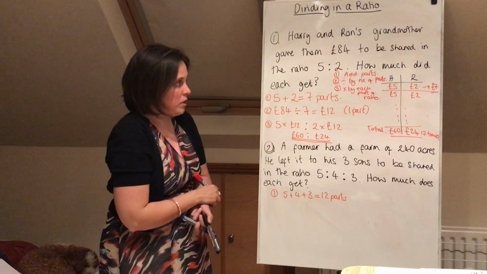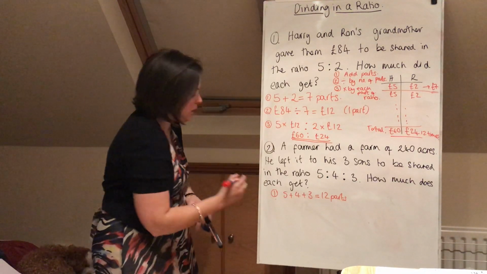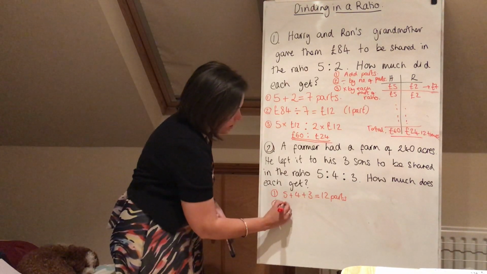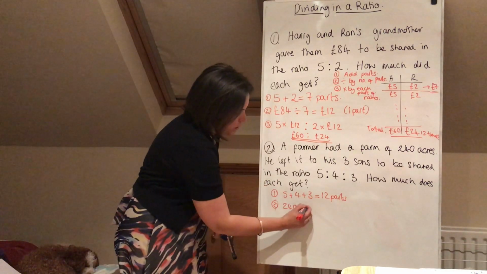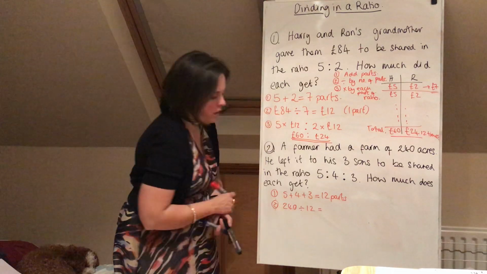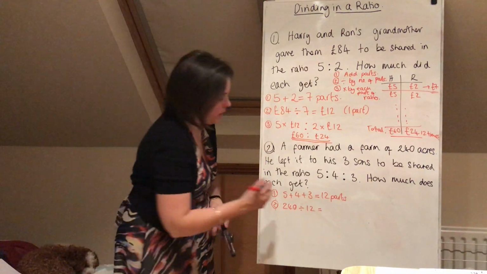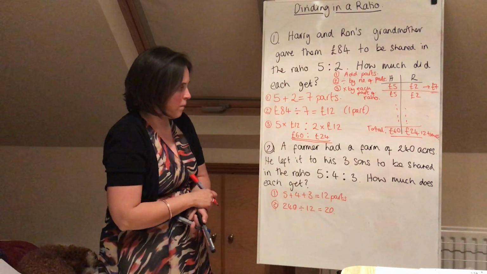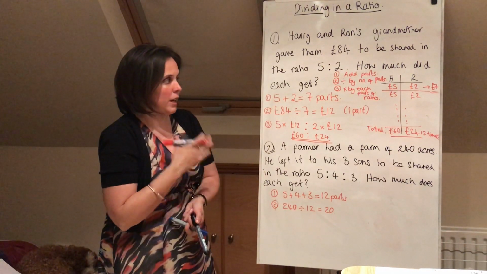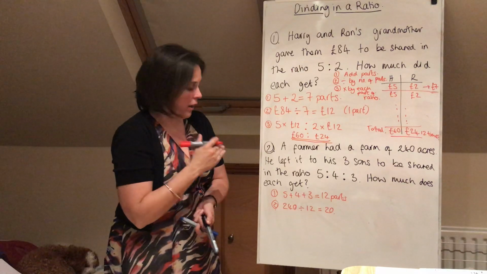Step 2 was divide the total by the number of parts. So the total is 240 acres, and we're going to divide that by 12. 240 divided by 12 is just 20. And step 3, we multiply each part of the ratio by this number.